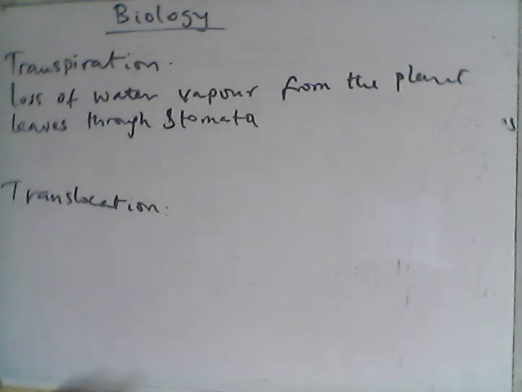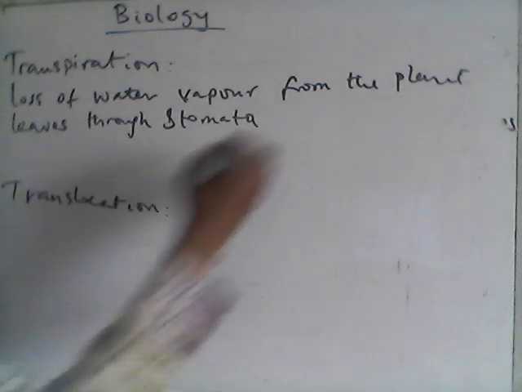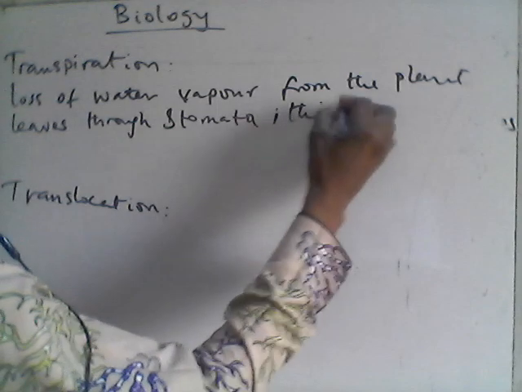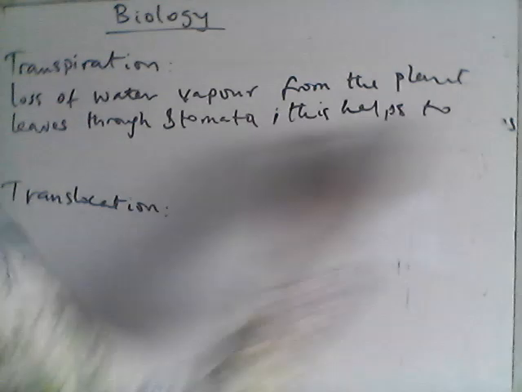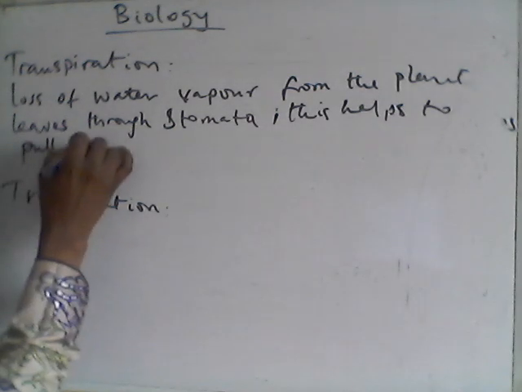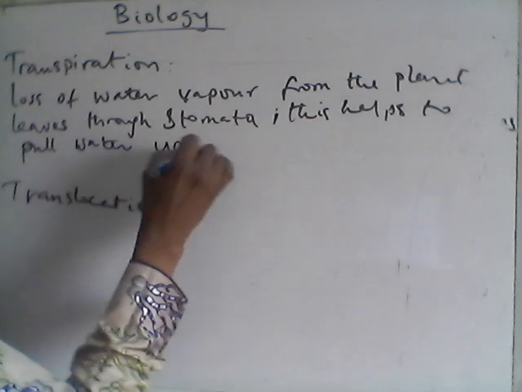Stomata are small openings in the leaves where water can escape from. Understand? This transpiration is a process that works like a pressure. It helps water circulation, and it helps to pull water upwards.